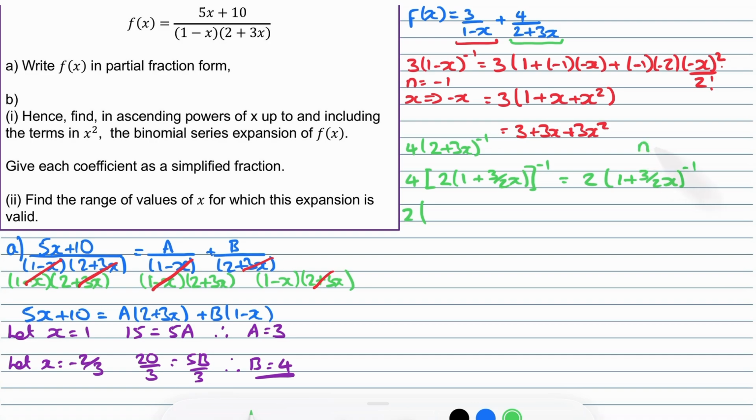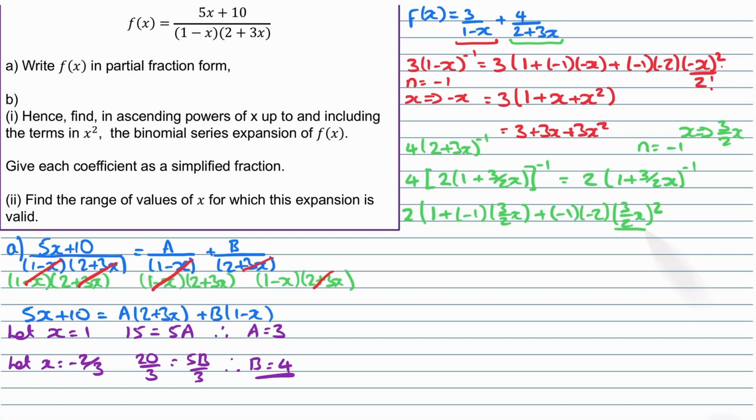You can see the n term is going to be negative 1, and x will map on to 3 over 2 x. So we'll have 2 multiplied by the 1 plus the n term multiplied by the x term. Then for x squared, we'll have negative 1, negative 2, and 3 over 2 x squared over 2 factorial.